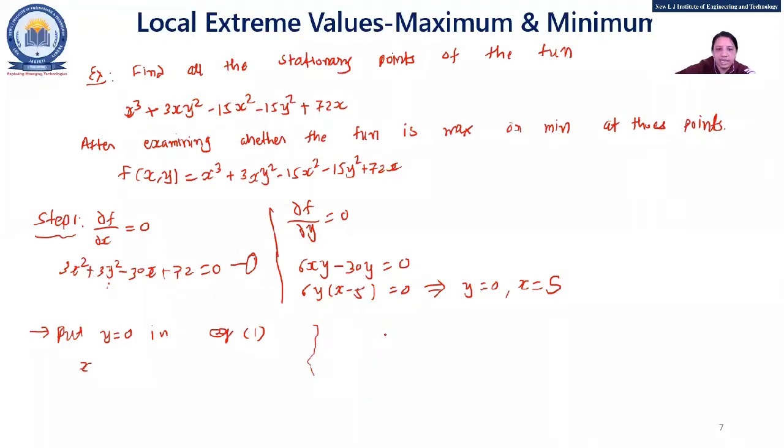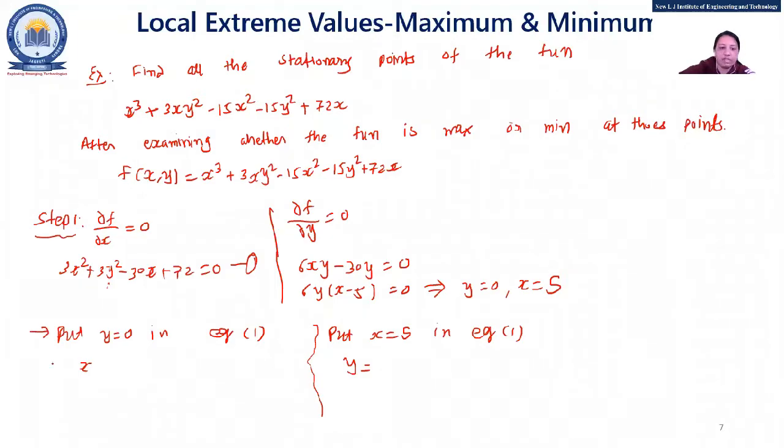And second, put x equal to 5 in equation 1, and you will get the value of y. Here also you will get two stationary points. Just write in the chat box the value of x. Yes, x is 4 and 6.